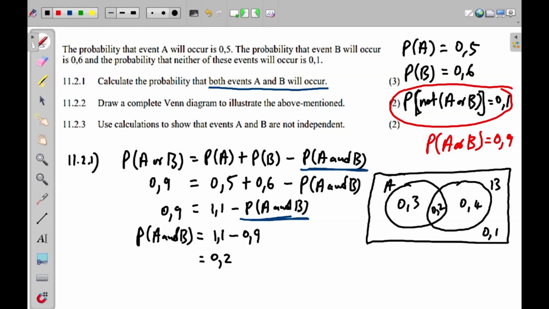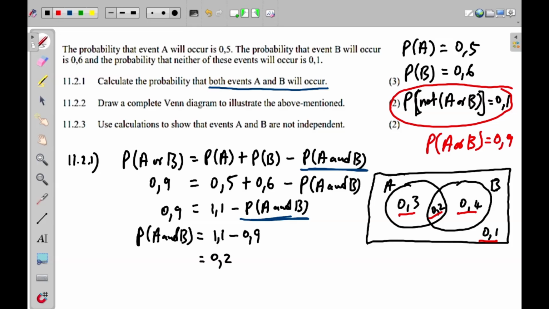Now, you can check for yourself whether all these numbers will add up to a 1. All right? If they don't, then you know that something is terribly wrong. I'm talking about these numbers, the 0.3, the 0.2, the 0.4, and the 0.1.